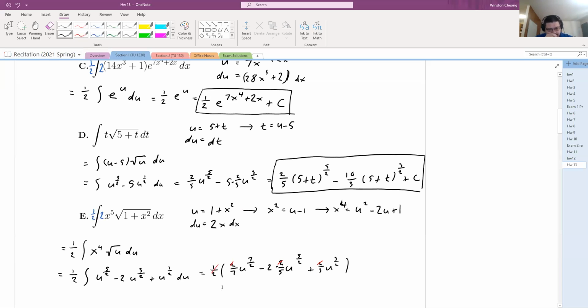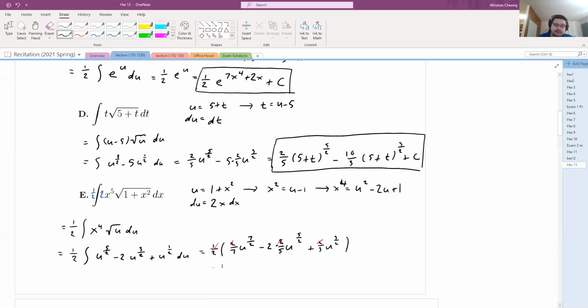And then the last thing that you can do is to back substitute. So this will give me 1/7 u, in this case 1 plus x squared raised to the 7/2 power, minus 2/5 times 1 plus x squared raised to the 5/2 power, plus 1/3 times 1 plus x squared raised to the 3/2 power.